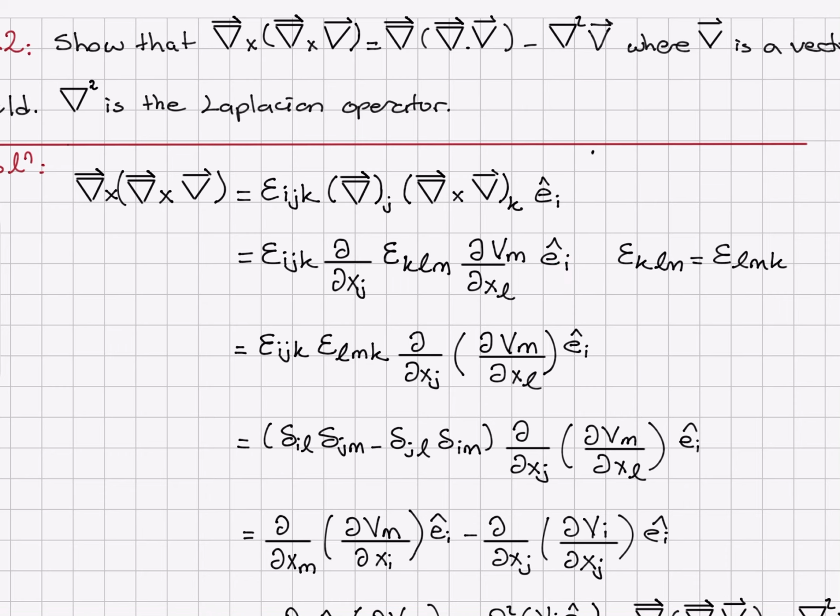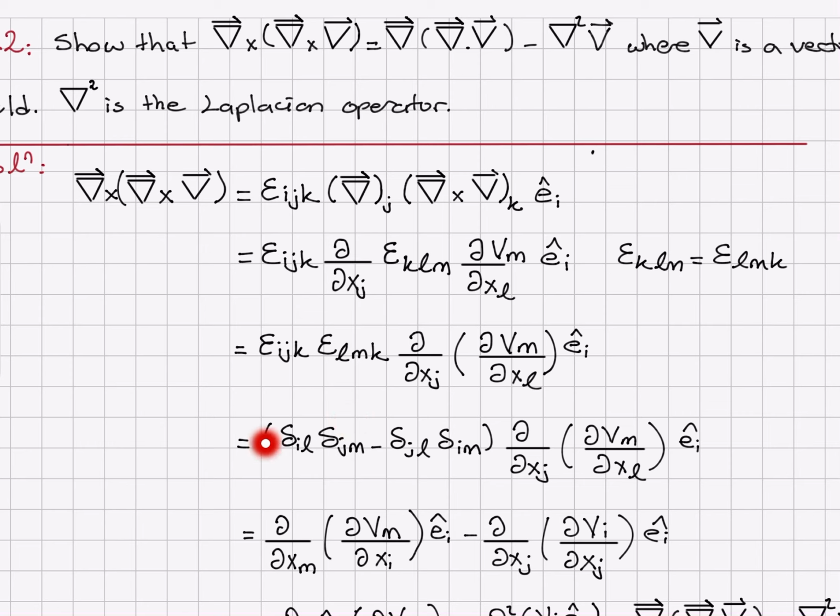Epsilon klm is equal to epsilon lmk due to cyclic permutations klm, lmk, and mkl. They all give the same thing. So we can write epsilon klm as epsilon lmk and then use the Levi-Civita identity. First indices Kronecker delta IL, second indices Kronecker delta JM, minus inner indices Kronecker delta JL, outer indices Kronecker delta IM, del xj, del Vm, del xl, ei hat.